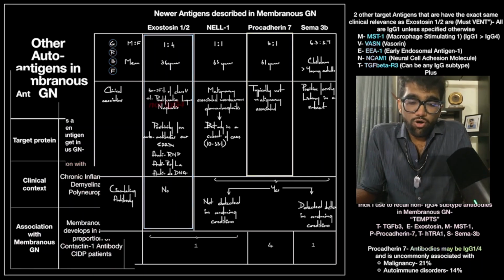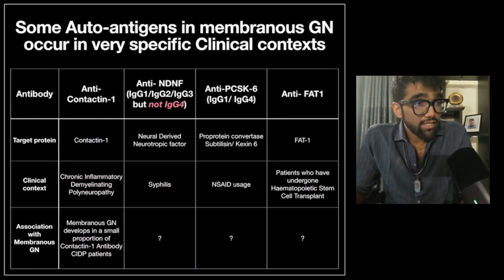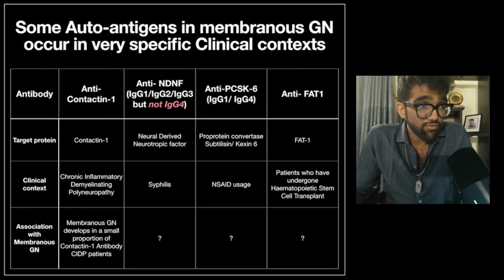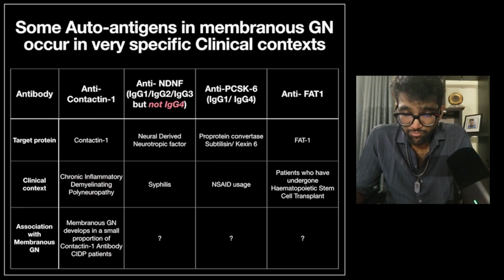Now, some autoantigens in membranous GN occur in very specific clinical context. Okay, so what are these? This includes anti-contactin 1, anti-neural epidermal growth factor-like, anti-PCSK9, that is proprotein convertase subtilisin slash kexin 9. PCSK9 is what we inhibit for hypercholesterolemia.